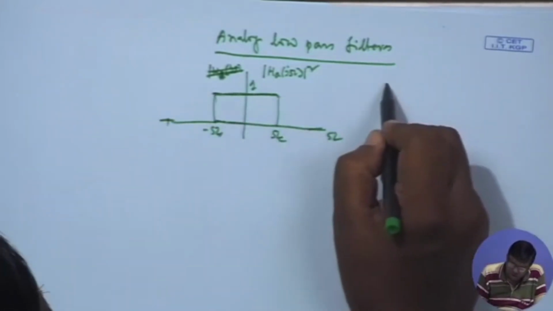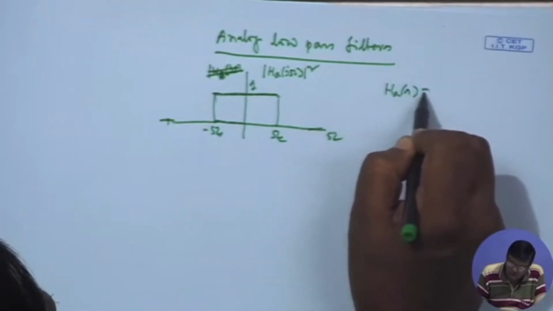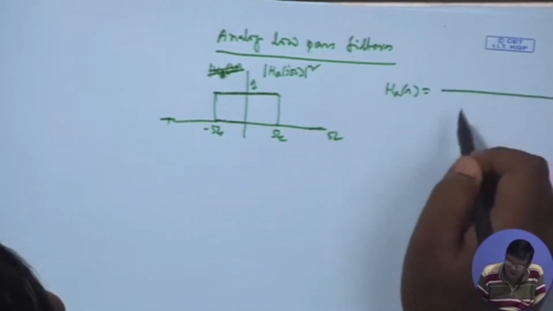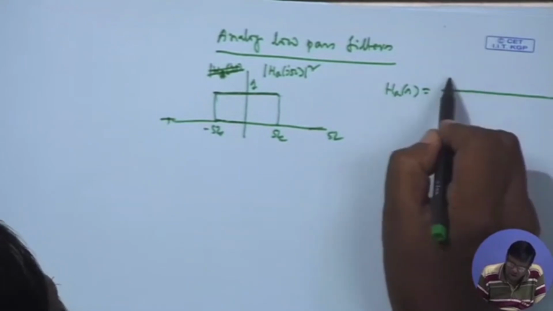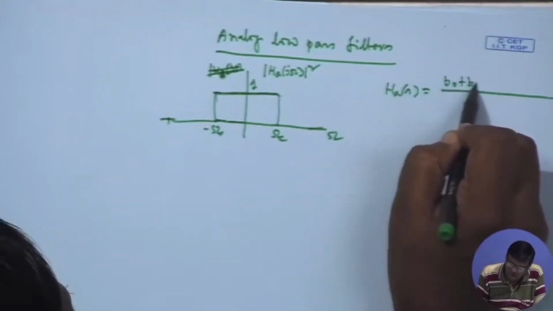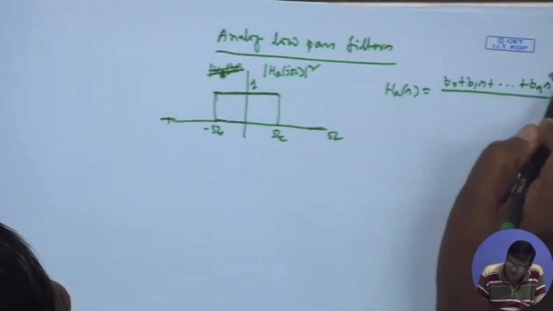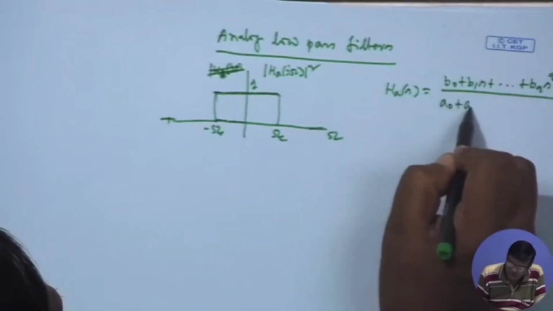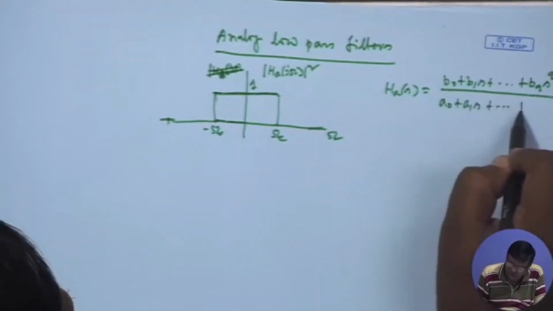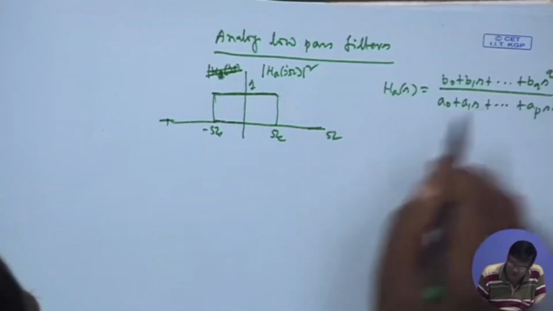And what is our purpose? To design an analog rational filter, a rational model of this kind: B0 plus B1 S plus dot dot dot B q s to the power q, divided by A0 plus A1 S plus dot dot dot plus A p s to the power p.